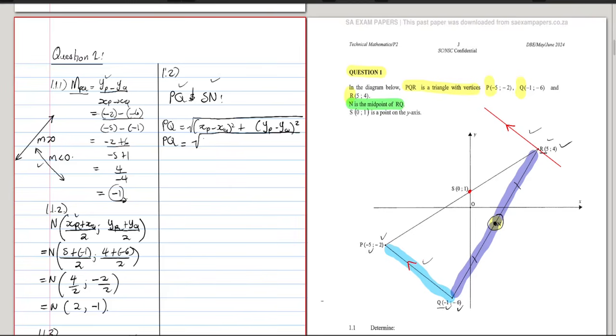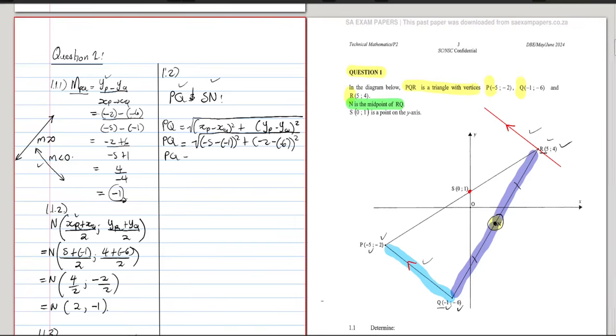xp, that's minus 5, minus xq, that's minus 1, squared, plus yp, that's negative 2, minus yq, that's minus 6, squared.